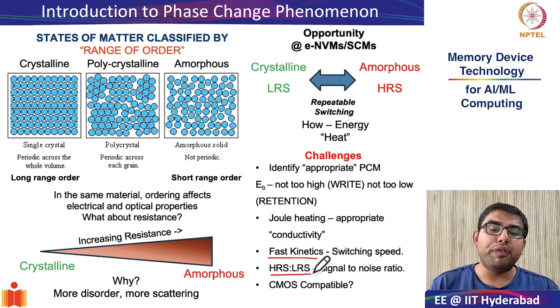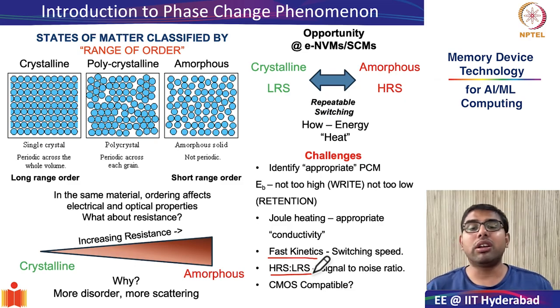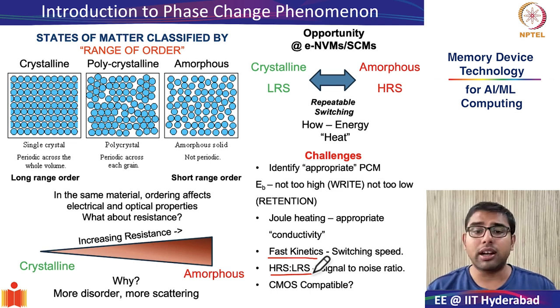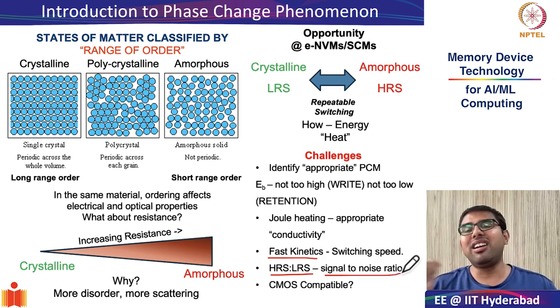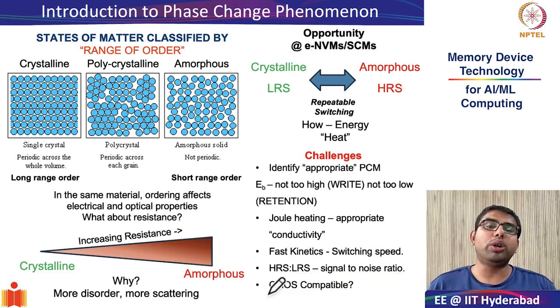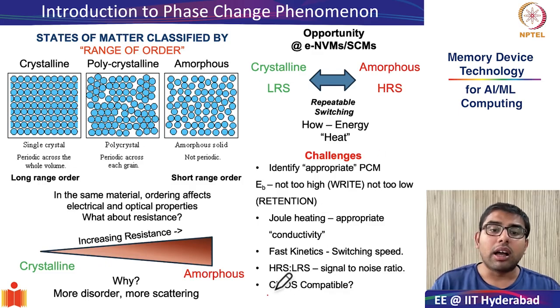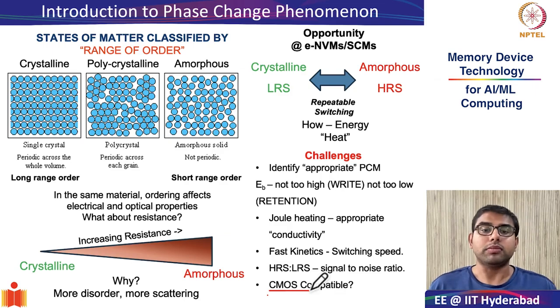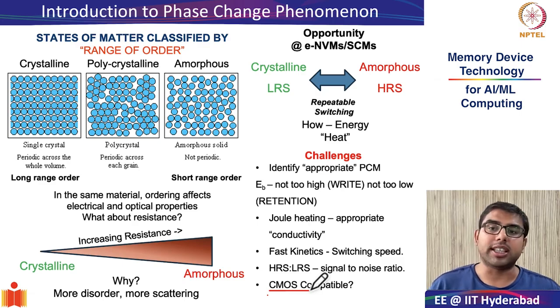Also, the difference in the resistance between the crystalline and amorphous phase, or the ratio between the high and low resistance state, should be at least a few orders of magnitude to make sure that your external readout circuitry has enough margin and enough signal to noise ratio. Finally, it is also desirable that the materials designed for PCMs are CMOS compatible. Why? Because ultimately they have to be integrated in your CMOS line of processing.